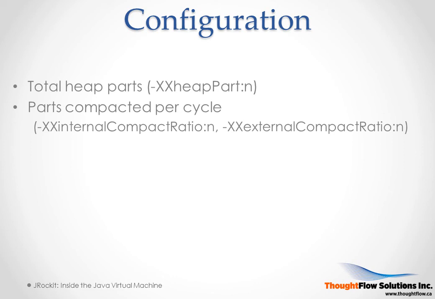If we say 1 for each value, that means that every full cycle, every garbage collection cycle in the old space, there'd be 1 heap part that would be compacted, either external or internal. You can also limit your density by setting the amount of objects there should be in every part. So the idea is how much should I compact, and never go beyond that.